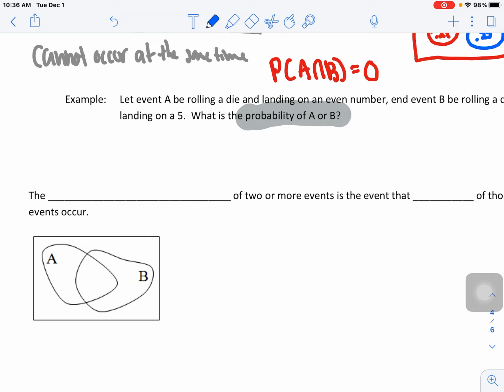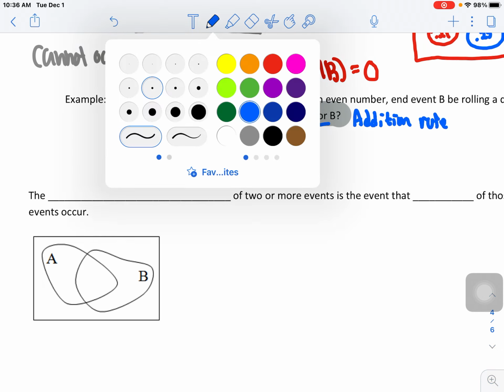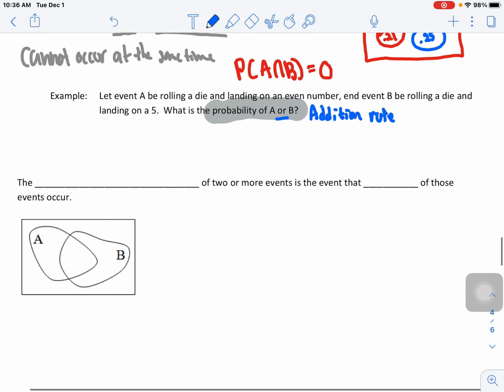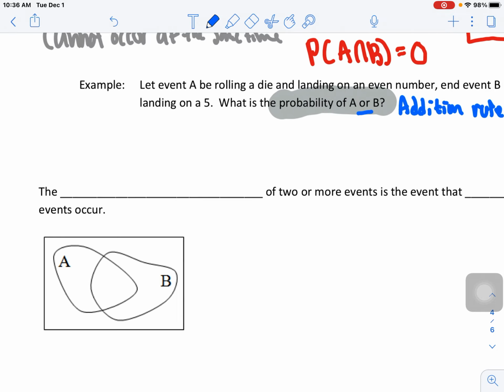When you see the word or, think addition rule. We're rolling a die, and we're looking at 2 events. Event A is an even number, event B is landing on a 5.